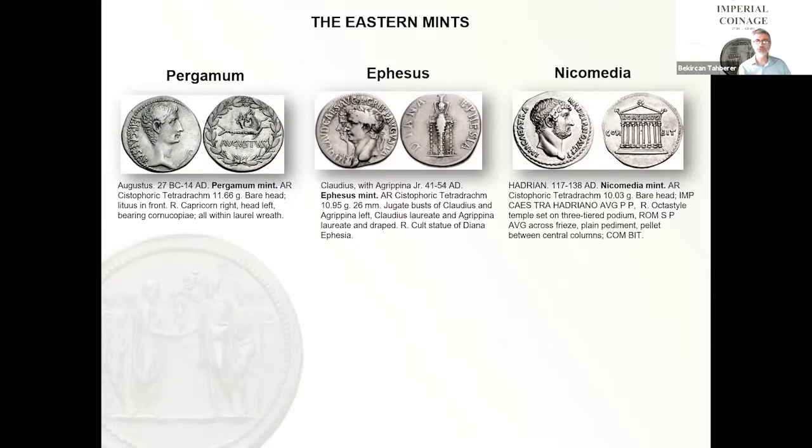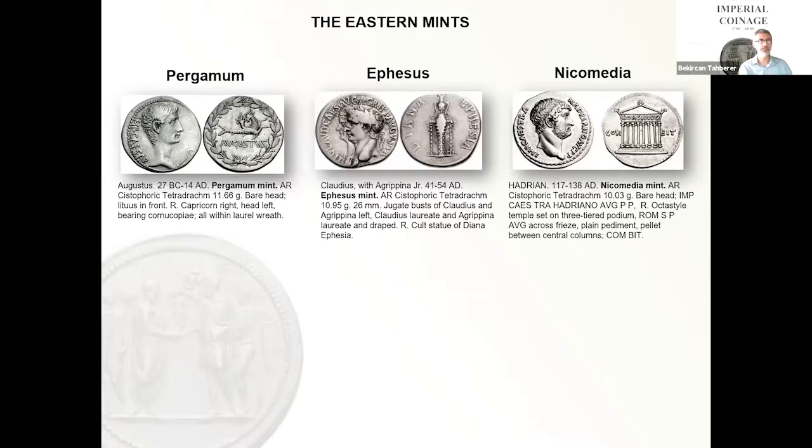They were first introduced by the Pergamene kings in the 2nd century BC, and they were the main means of exchange in that geography.